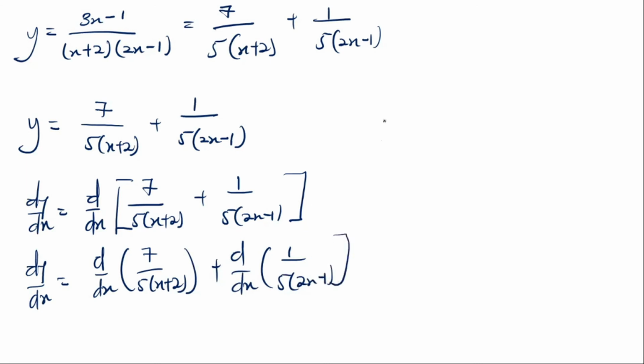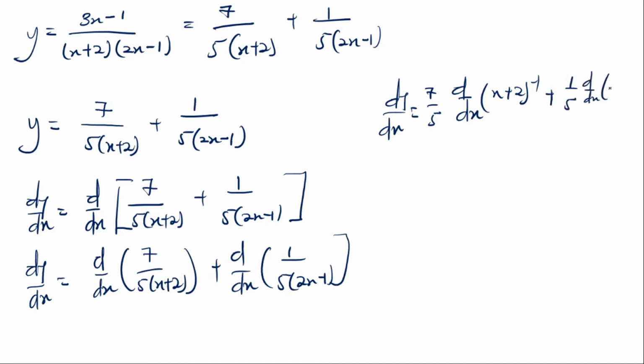Okay, so from here we can bring dy/dx here, then we can break the fraction outside, that is 7/5, then d/dx of just what is left at the bottom over here, which becomes (x + 2) raised to the power -1, then plus 1/5 d/dx of the function (2x - 1) inverse.